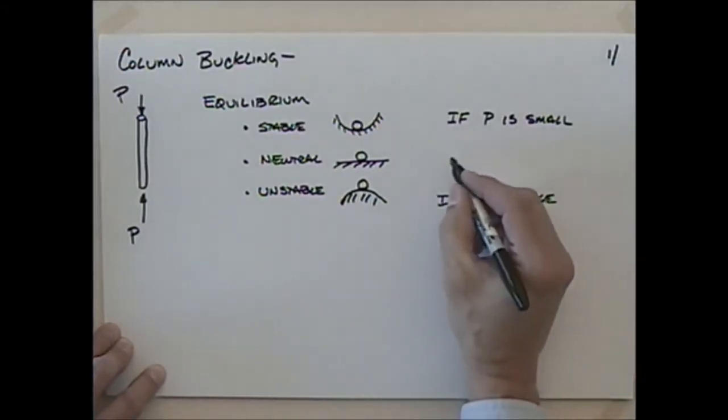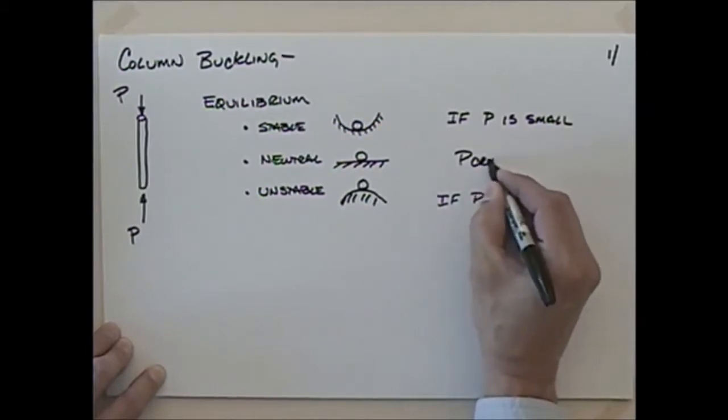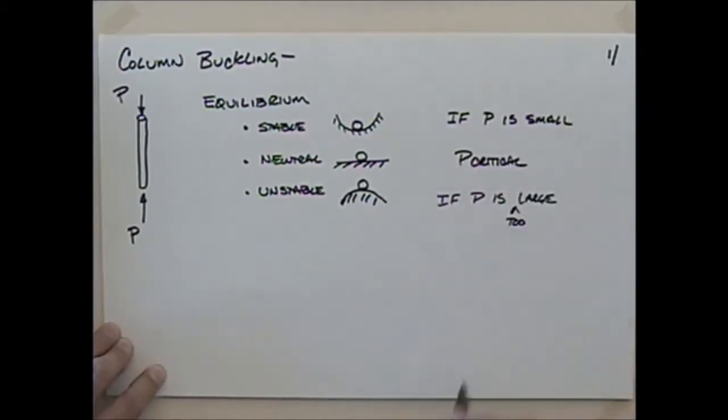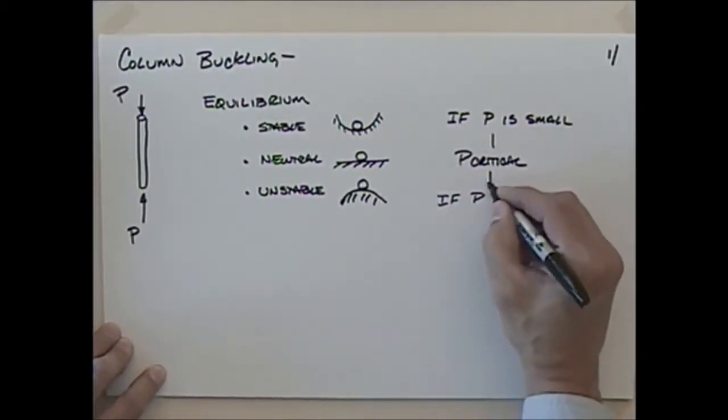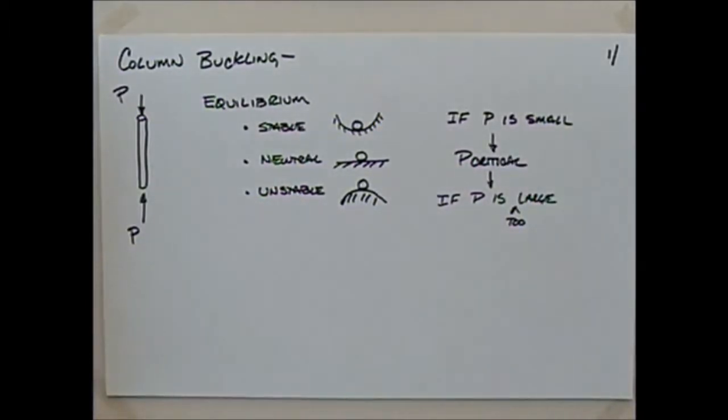And if P is critical, the transition, we'd have that. So as it transitions from this to that, we have that critical value. It'd be nice for us to be able to figure out what that critical value is, so we would know the difference between our unstable situation and our stable situation.